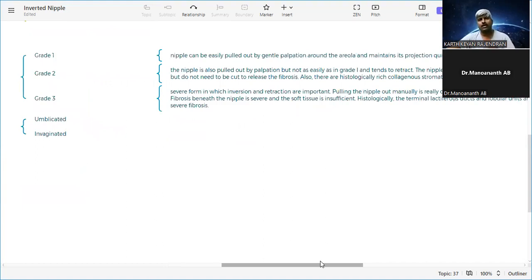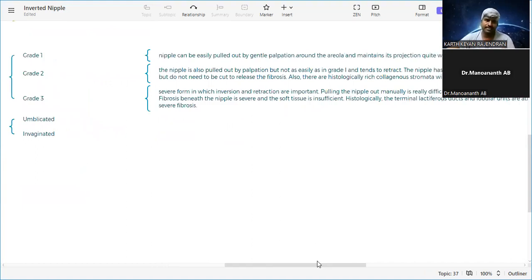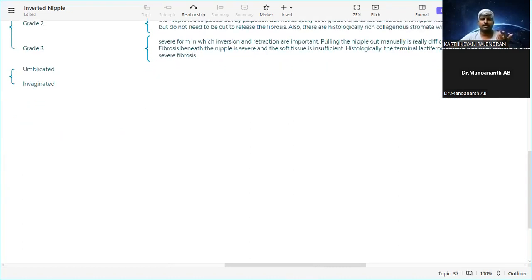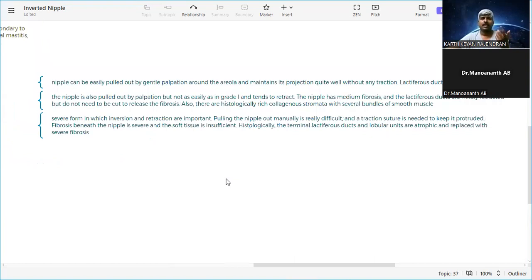So what is grade 1, what is grade 2, what is grade 3? Grade 1: the nipple can be pulled out by gentle palpation around the areola and maintains its projection. When you pull the nipple, it comes out and maintains its projection outside the breast. Here the lactiferous ducts are not affected; they are normal in that breast.